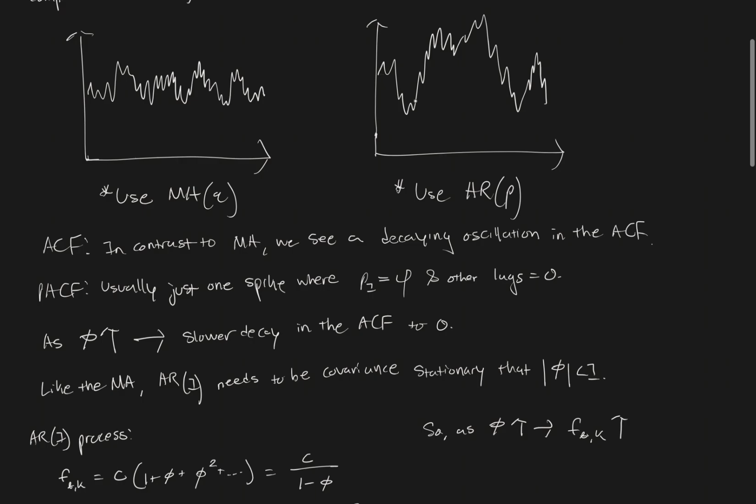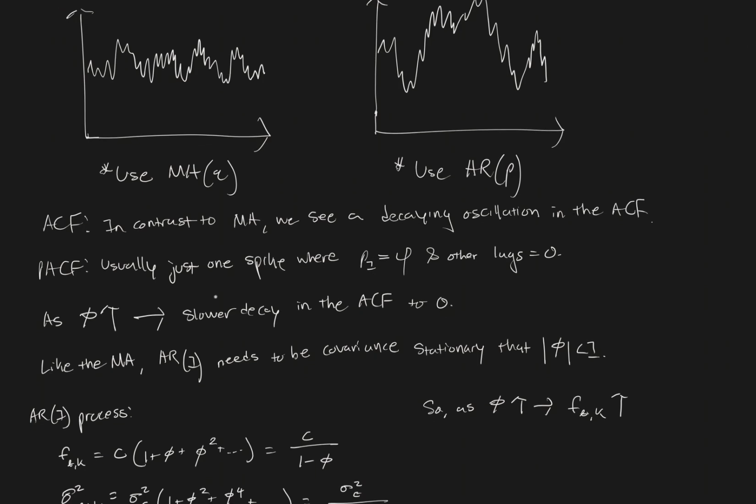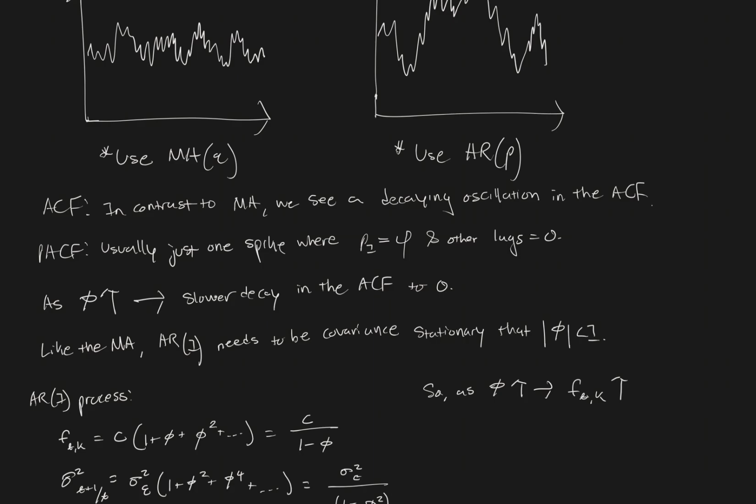Besides visually, it's also pretty clear, but in the analysis part, if there's a decaying oscillation in the ACF, and then just one big spike in the PACF, then more times than not, it'll be an AR model. Remember that for the MA model, this is flipped around. In the PACF there's a slow oscillating decrease, and in the ACF there's a big spike. And so for the AR model it's just flipped around.